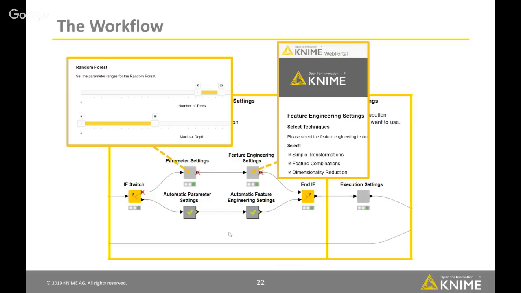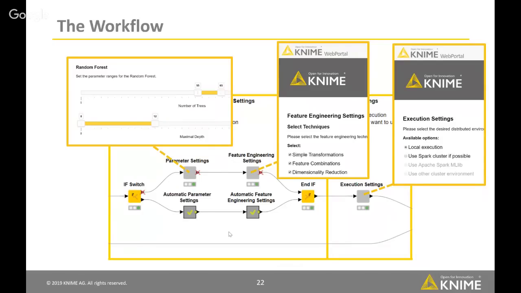There are also other ones, and you can decide which one to use. And of course, the more complex stuff you choose, the longer you will need to wait, and the more computationally expensive it will be. That's why this last node is important, which defines if you want to execute this computation on a big data platform or just locally.